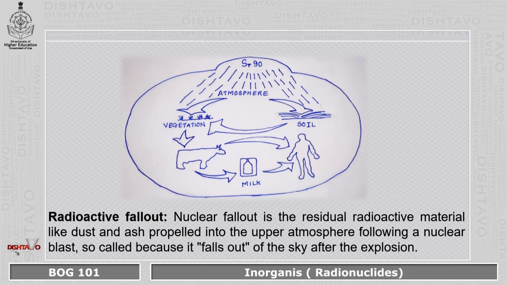This settlement can occur thousands of kilometers away or throughout the globe, and then these radioactive substances find their way into the vegetation where it is easily absorbed. Then they find a way into, for example, our agricultural crops. They can find their way into cattle, then milk, and ultimately to human beings and different organisms, and cause serious damage to organisms.